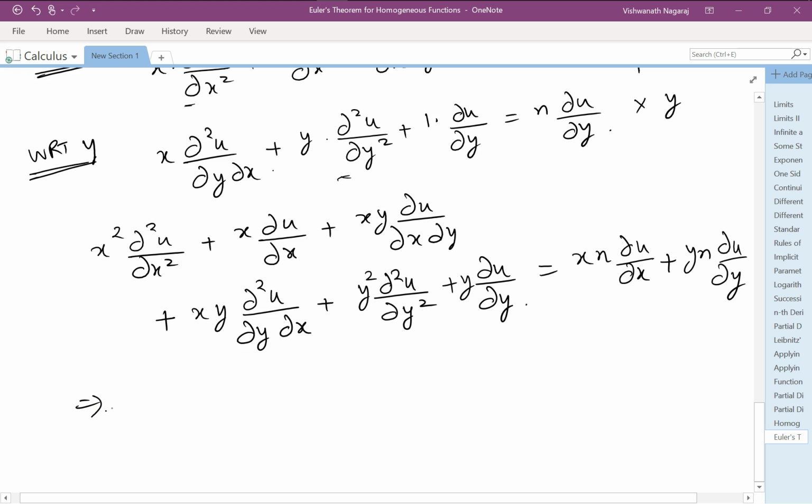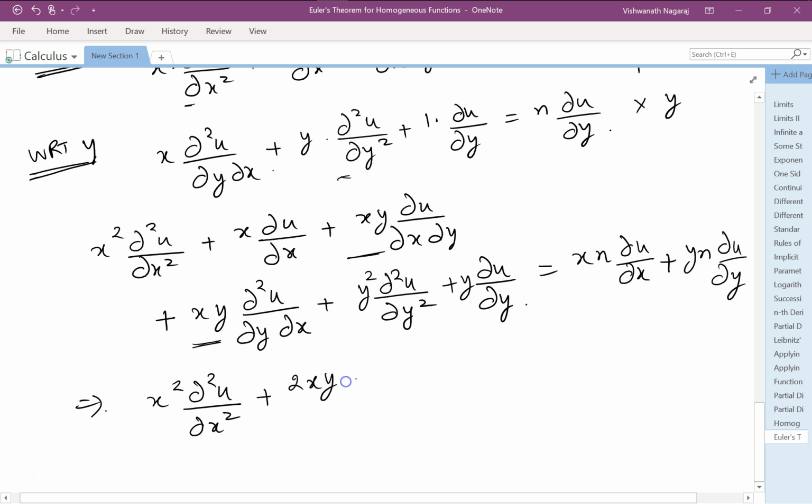This implies, now we have to simplify this. So now x² ∂²u/∂x² plus these two are like terms. Remember, the order of differentiation is not important.